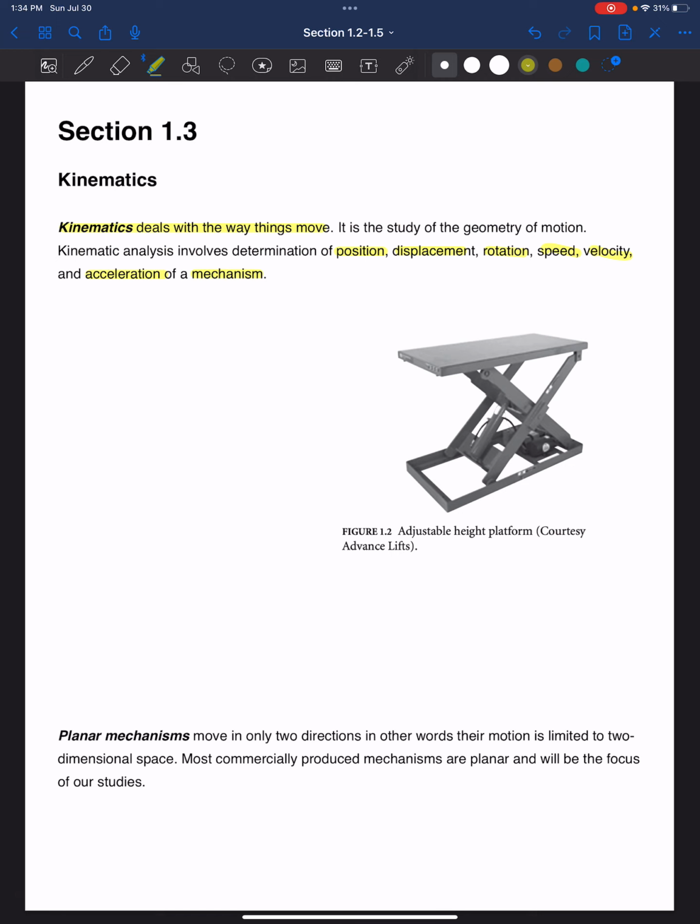So what are we looking at with kinematic analysis? If we're looking at this machine to the right again, what we're looking at maybe is the length of the legs.